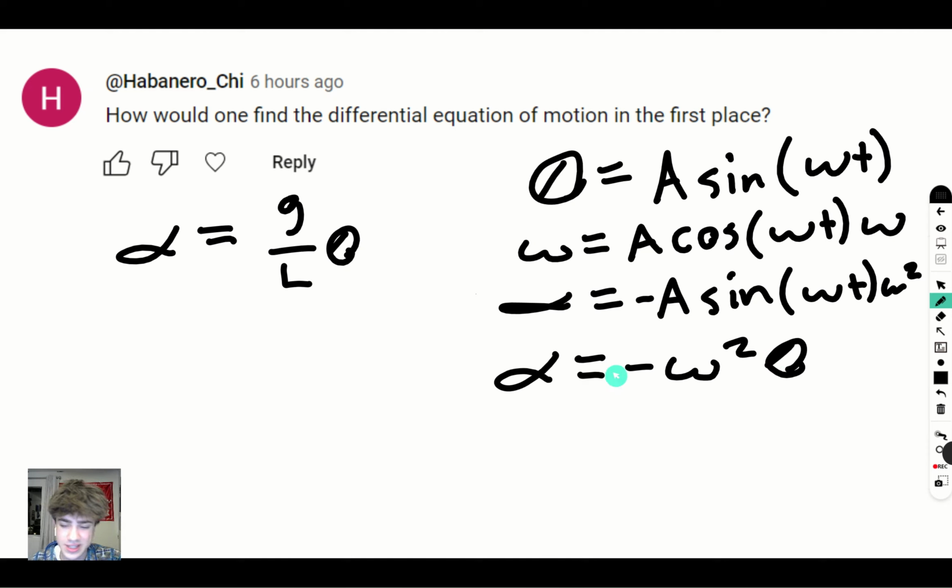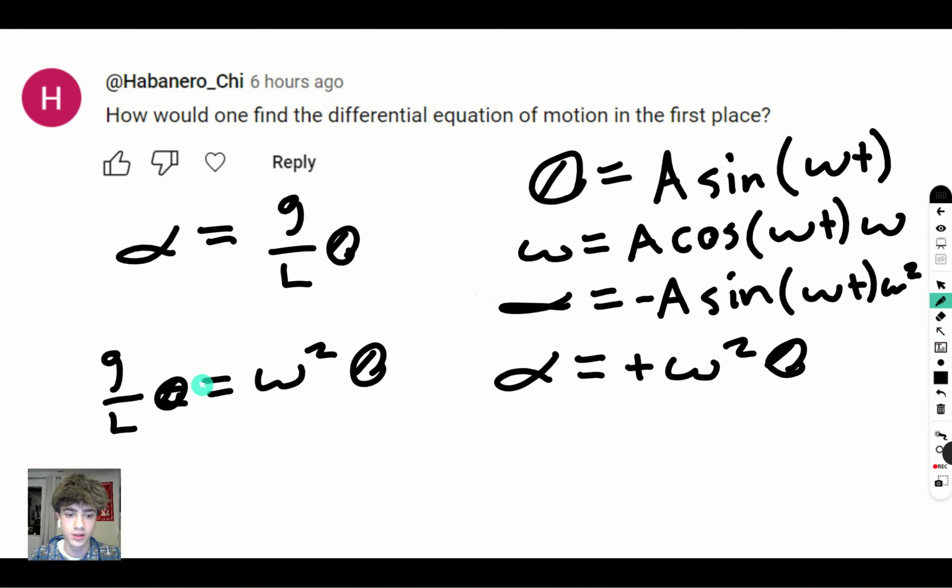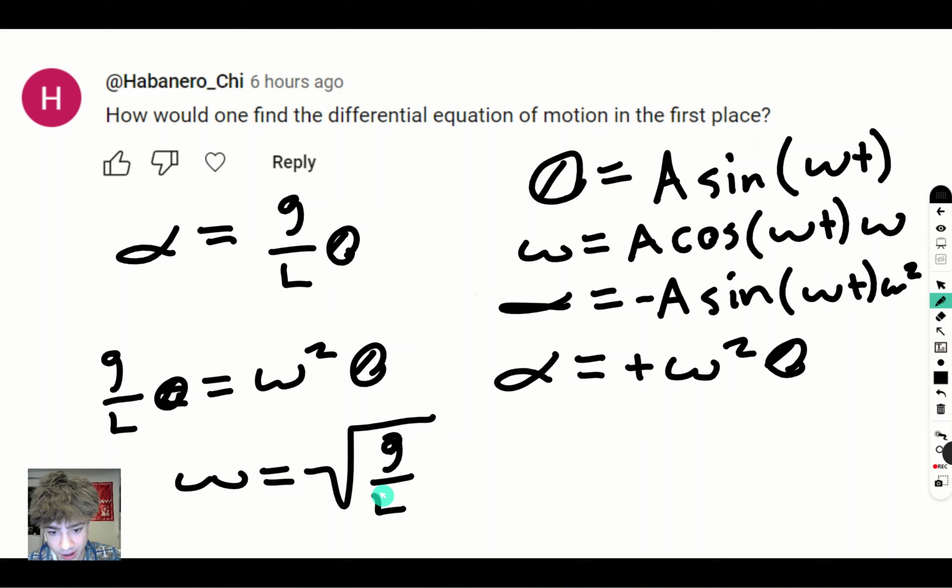And you may notice that the negative does not cancel out in this case, but this is not too important, seeing that in an oscillating motion there's no real constant direction, it's just oscillating back and forth, so we can really ignore the negative, and we'll get that g over L theta is equal to omega squared theta, and for solving for omega, that'll be square root of g over L.